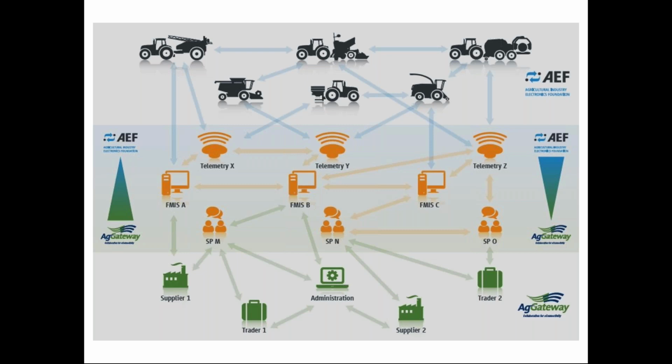And then down at the bottom, it's very much a B2B. After the field operations, after the data has been created and needs to be translated into other formats, that's where you would find ADAPT. My overall point being that ISOBUS and ADAPT work together. In fact, they depend upon each other.